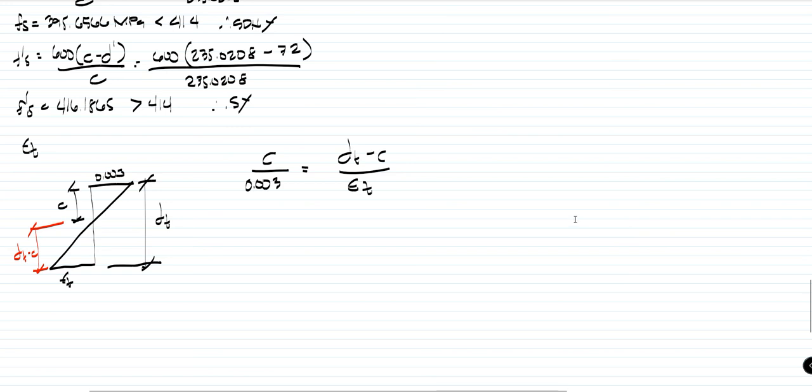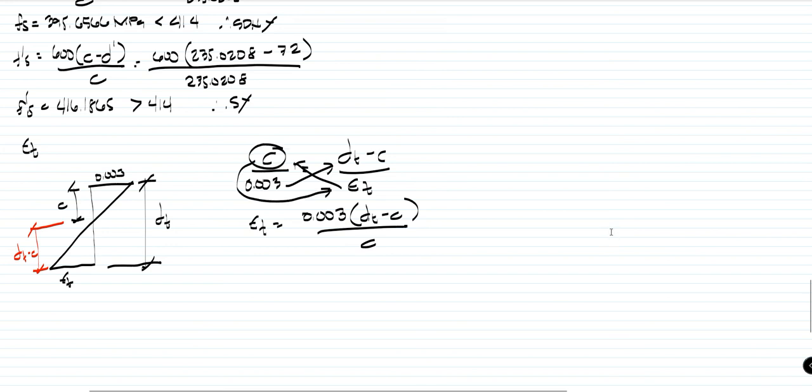So that is our ratio and proportion, or the similar triangles. Now, arranging the terms, we could have epsilon sub t is equal to 0.003 times (dt minus c) over c. We moved this term here and brought this value down.